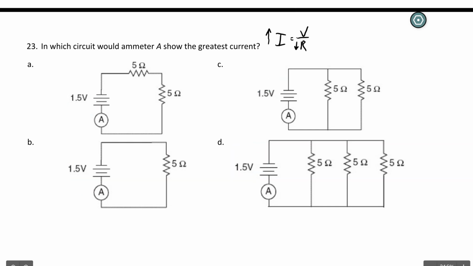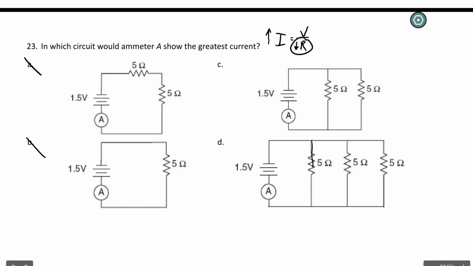And if we're looking for the greatest current, we want the smallest resistance. So definitely not going to be a series circuit because you just add up the resistances. The equivalent resistance for A is 10 ohms. Nope. B is 5 ohms. And by looking at C and D, I can tell it's going to be less than 5 ohms there. So which one has the smallest equivalent resistance here?